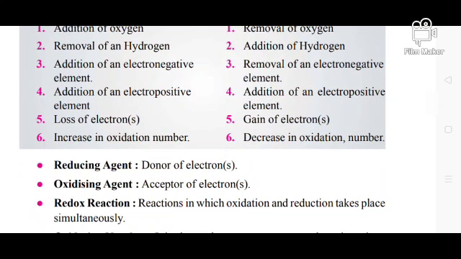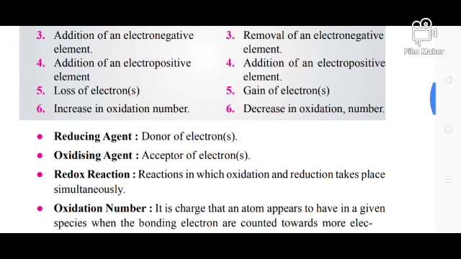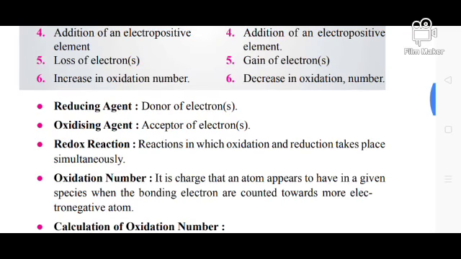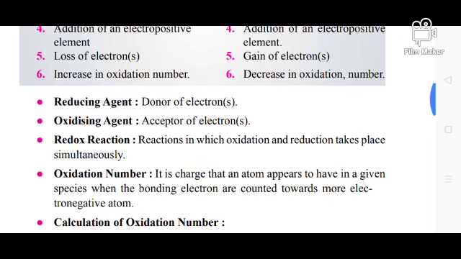So after that, the next point is the gain of electrons. When an element is gaining some electrons, we can say reduction occurs. Okay. Similarly, when there is a decrease in oxidation number, we can say reduction occurs. So my dear friends, these are the total differences, and the different processes by which oxidation and reduction occur in different chemical reactions.